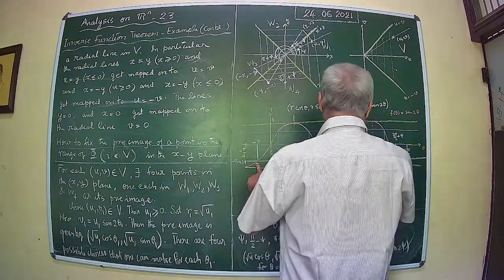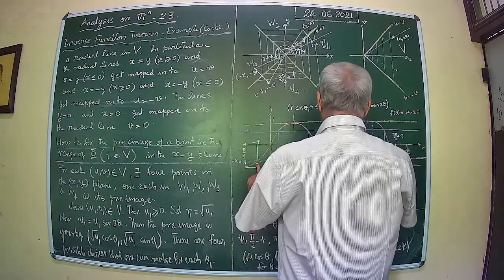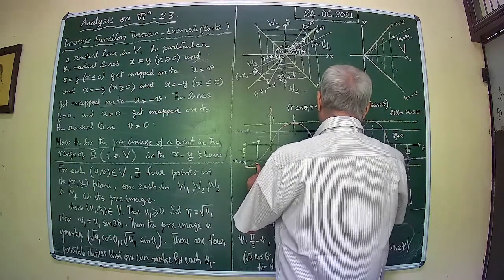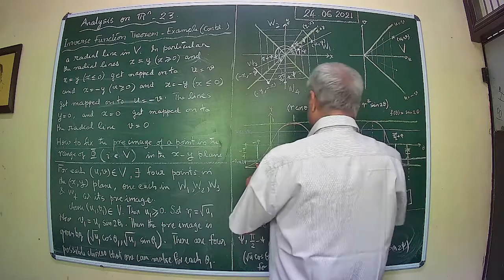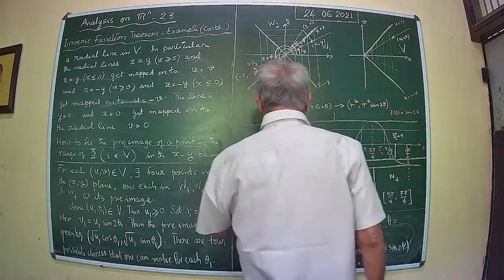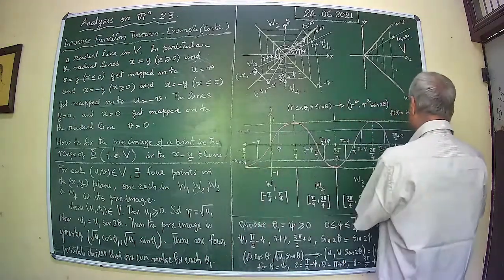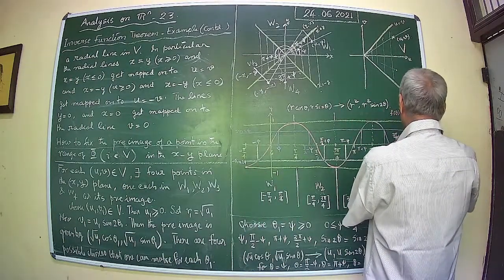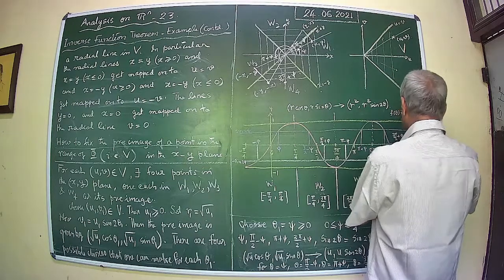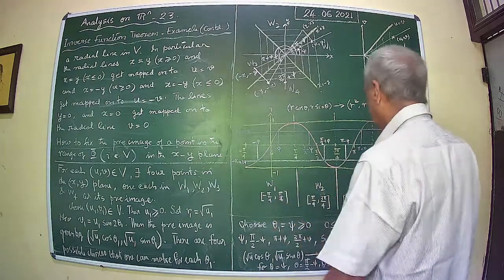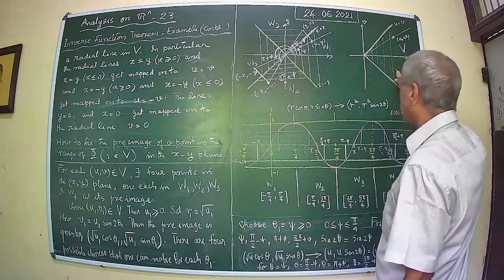Then pi minus phi, sine 2 pi minus phi, sine 2 pi by 2 plus phi, sine minus phi minus 2 phi, and sine 2 3 pi by 2 plus phi. They all have the same value, so they all get mapped to the corresponding point here.